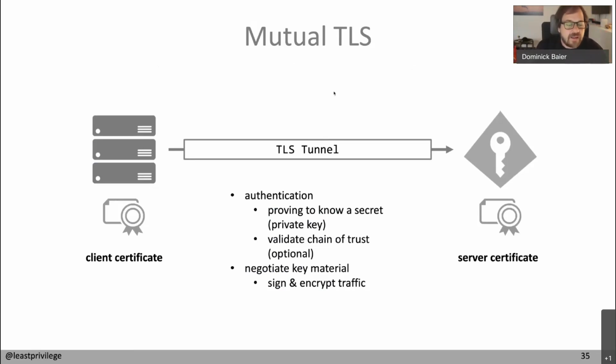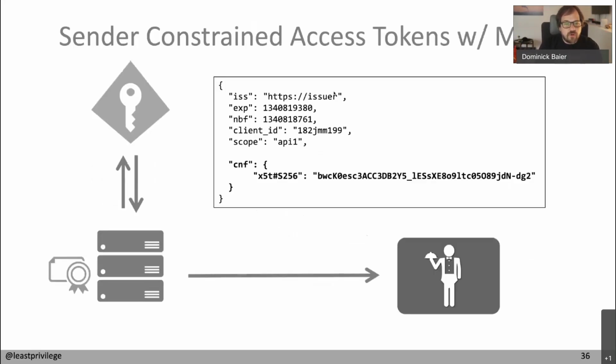Now, with that level of approval, what the token service can do is embed inside the access token an identifier that represents the secret that the client has proven to know during the token request.